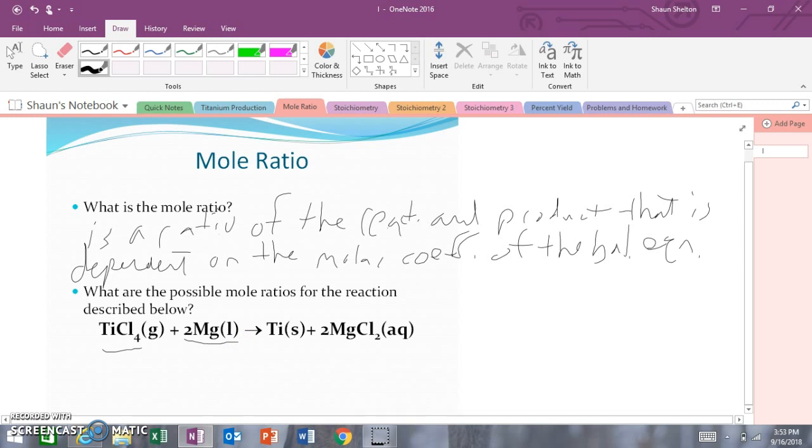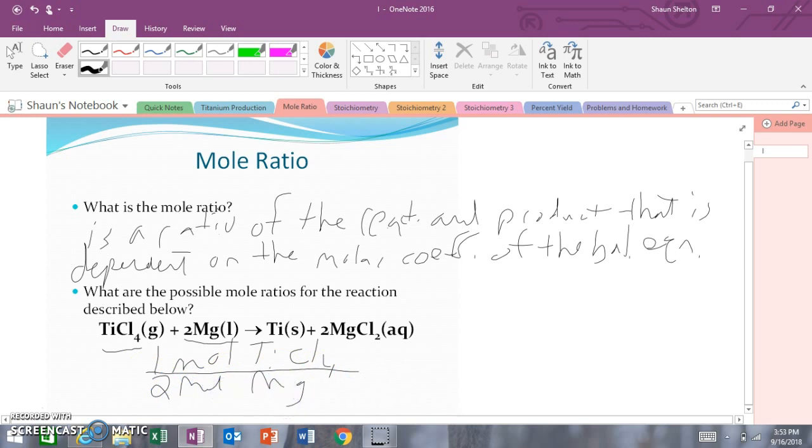Now the ratio is also going to be used as a conversion factor when working problems. So if we want to write a ratio of Tickle to magnesium, we'd say that there was 1 mole of Tickle for every 2 moles of magnesium.